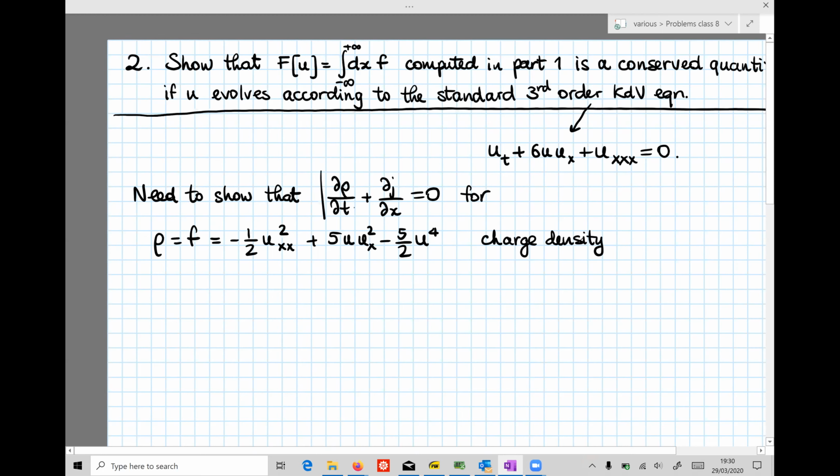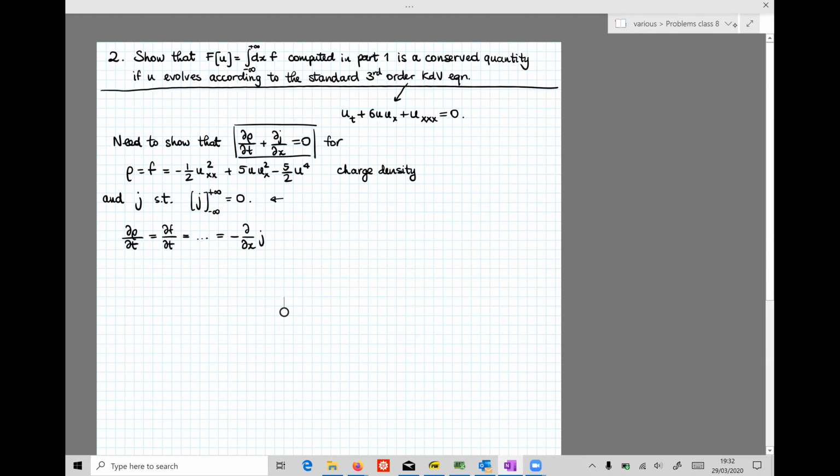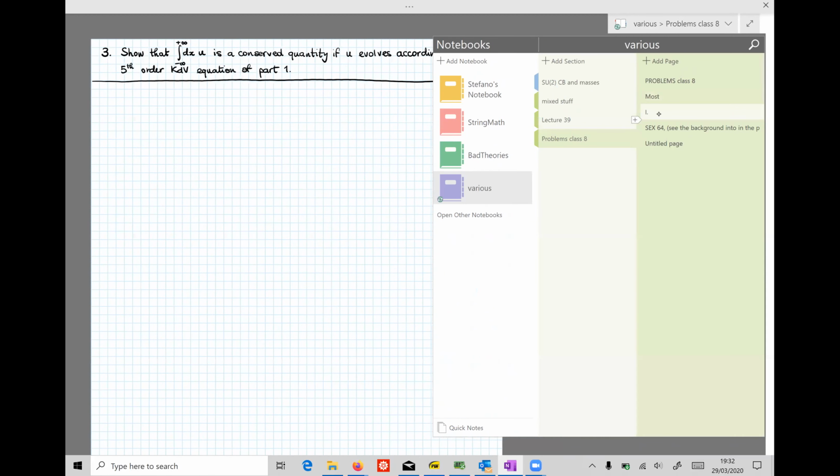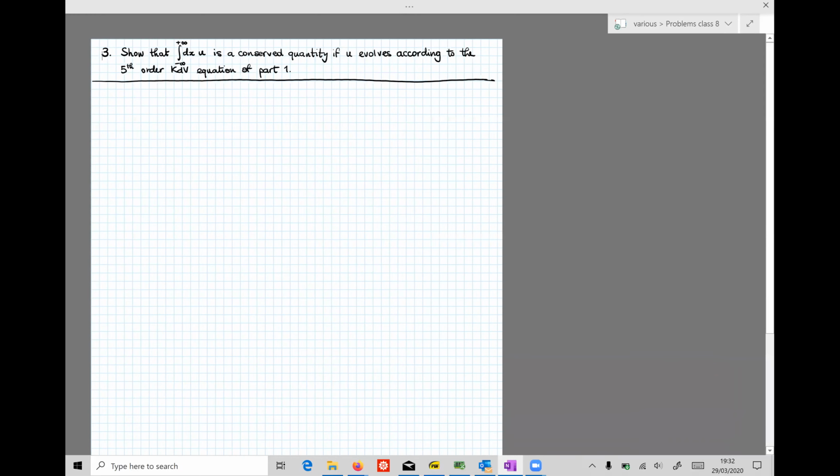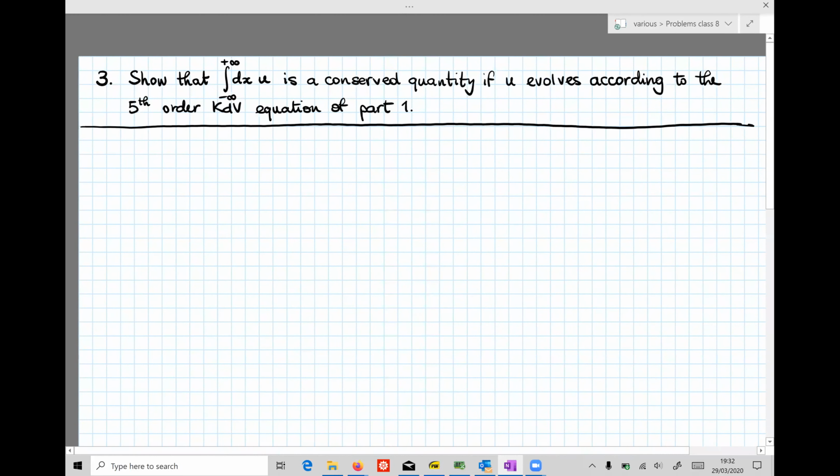So I want the continuity equation to hold for this charge density and a current density J to be determined, such that it has the same values at plus and minus infinity. All right, so instead, let's move on to part 3.